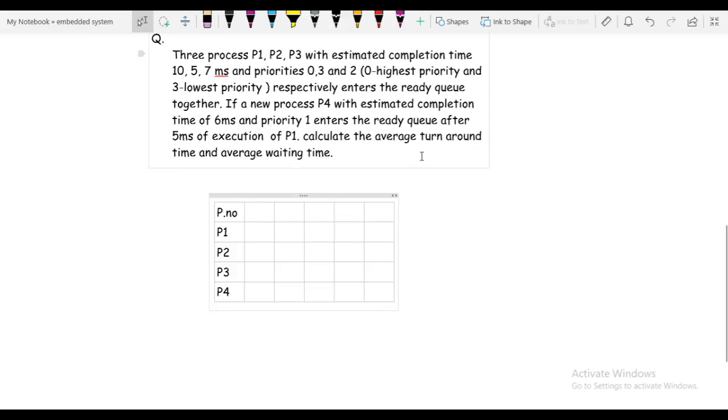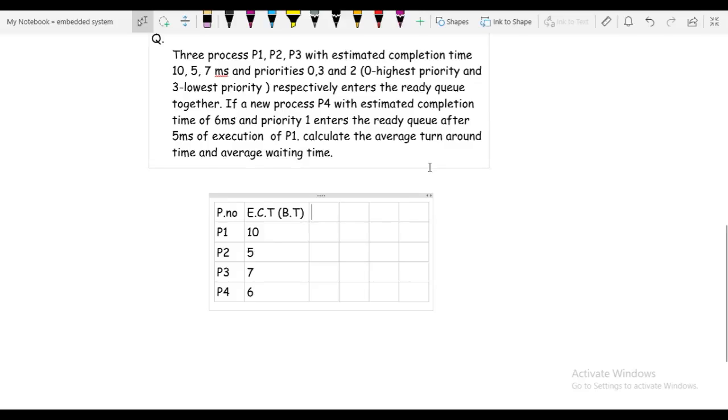Now what are the estimated completion times, also known as burst time? For P1 it is 10, for P2 5, for P3 7 and for P4 6, right?